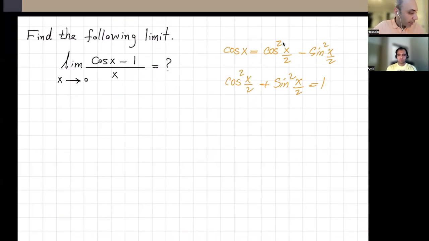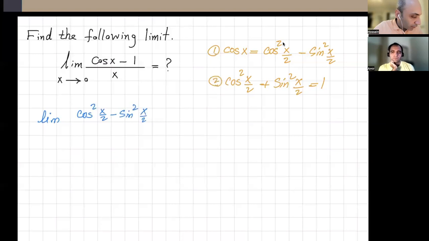So I'll go ahead and rephrase the expression in the numerator. Limit of cosine of x, I'm going to use the first identity: cosine squared of half x minus sine squared of half x.